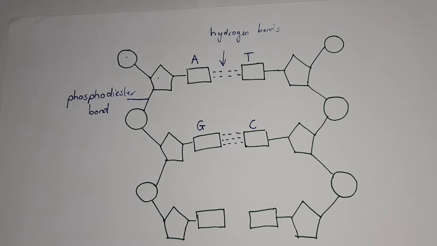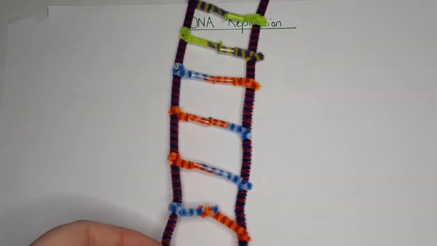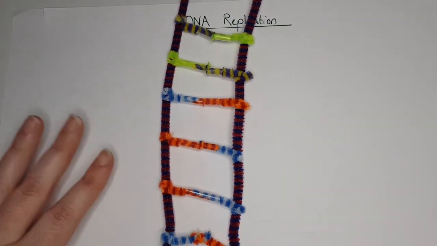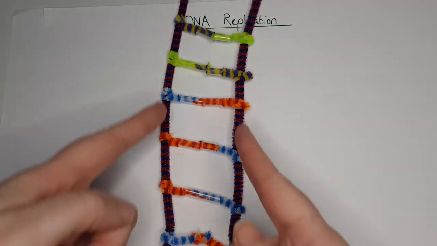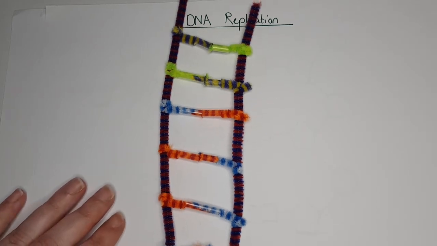Before we can undergo cell division, what we need to do is replicate our DNA, because we need to have 2 exact copies of the DNA so that each can go to one cell. So if we look at the process of DNA replication, I'm going to take a strand of DNA that I have with my sugar phosphate backbone, and then I have my bases in the middle held together by hydrogen bonds.